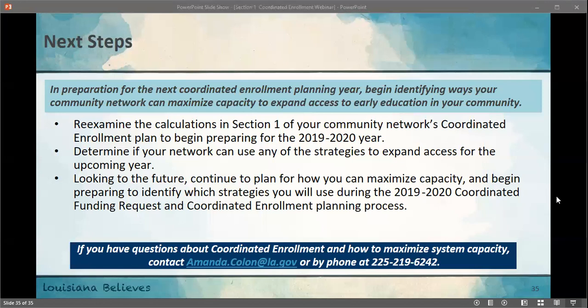Great, so we have a question that is in the chat box. So the question is, when considering migrant families to determine need, isn't it correct that migrant families are not automatically eligible for programs? And that is correct. So migrant families, unless they are homeless or those kids are involved in the foster care system, they're not automatically eligible.